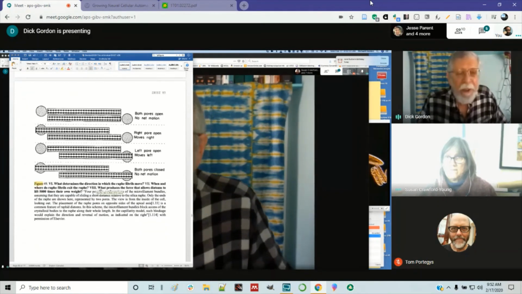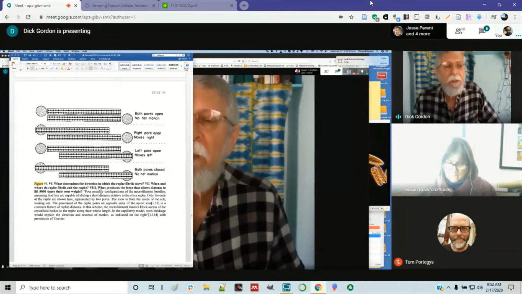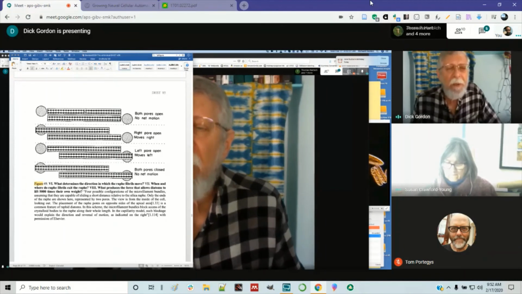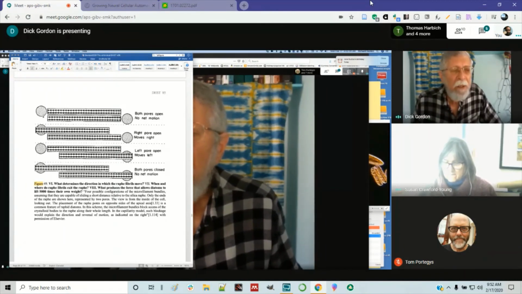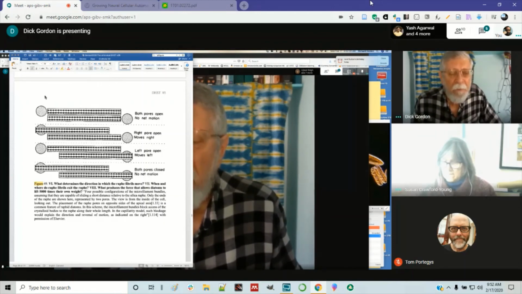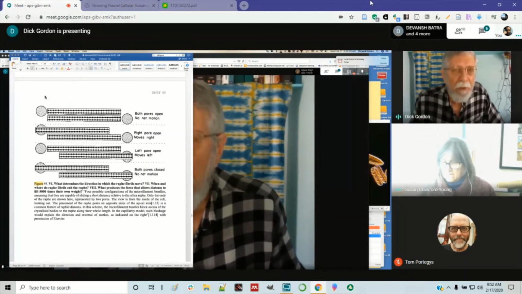Okay, this is a model I proposed a while ago, and that is that this pair of microfilament bundles can actually slide and act as switches, so that the vesicles containing the raphe material can only get in at the ends.